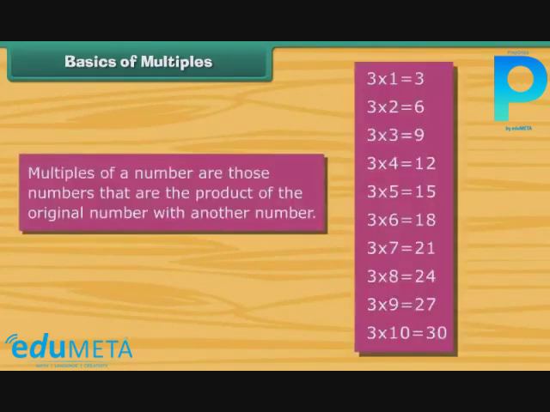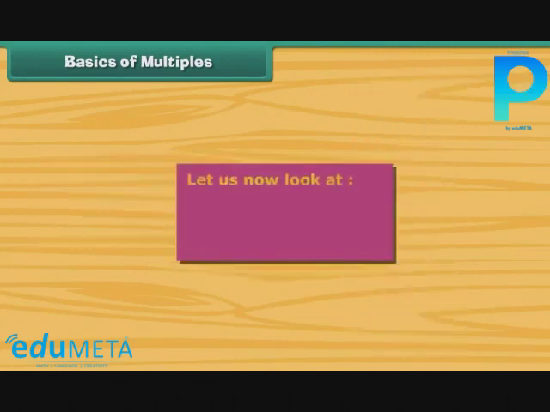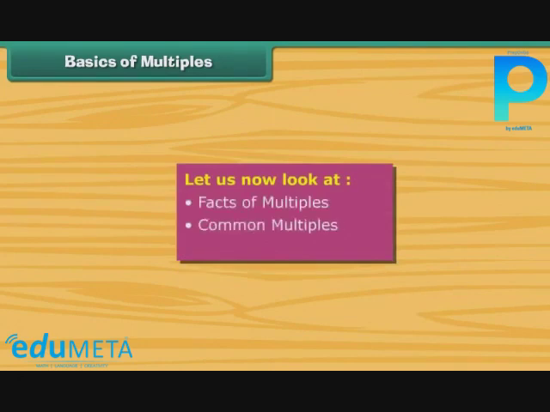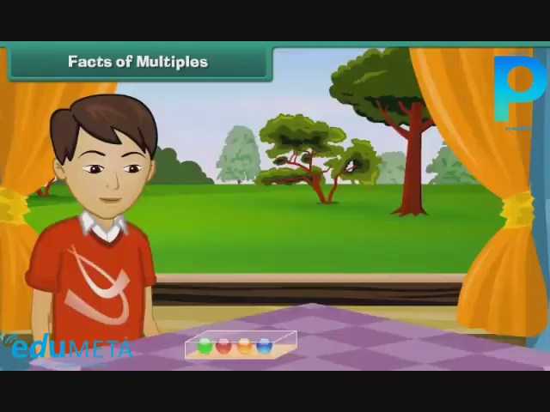Basics of multiples. Multiples of a number are those numbers that are the product of the original number with another number. In order to understand multiples better, let us now look at facts of multiples, common multiples, and applications of multiples.